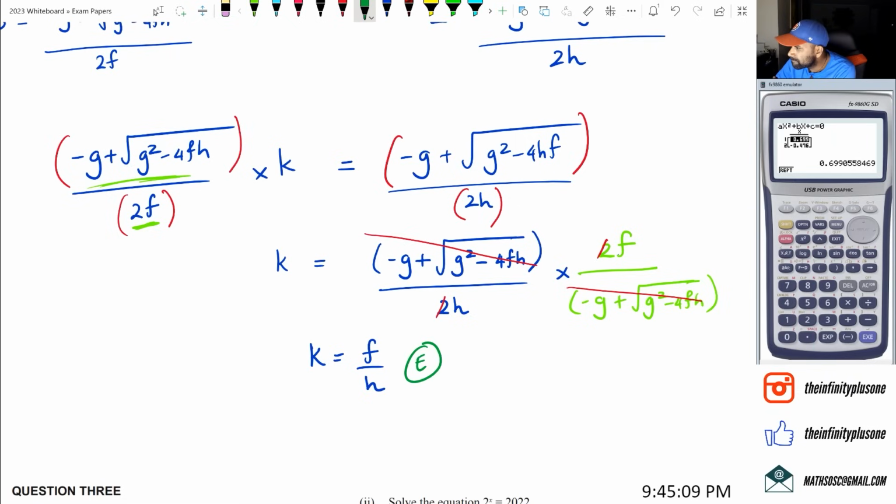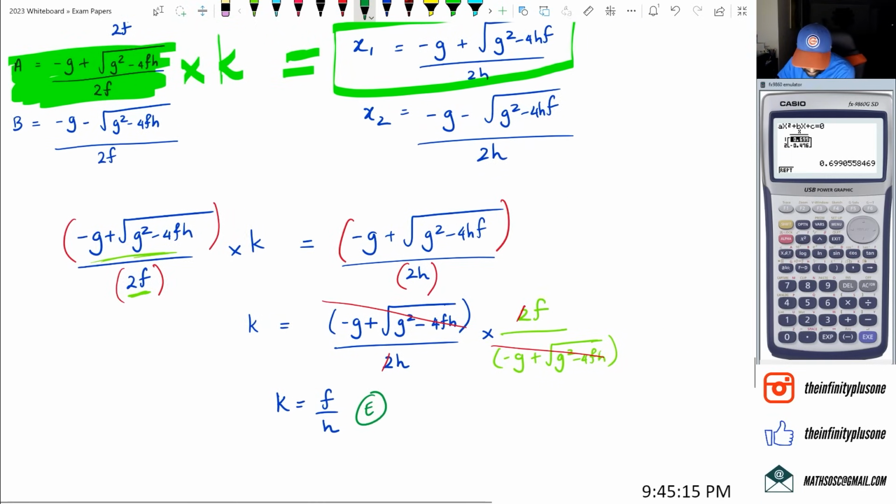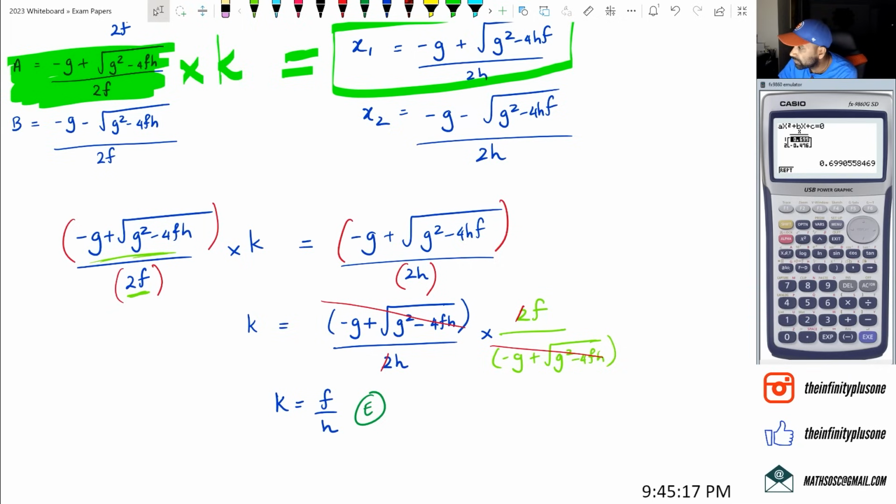k as a function of f, g, or h. Okay, so that's going to get you a merit up to here.